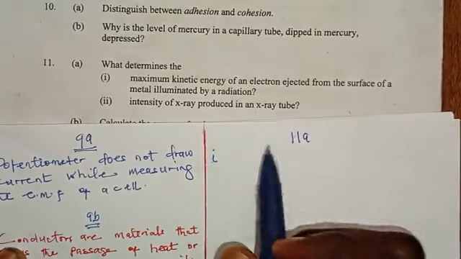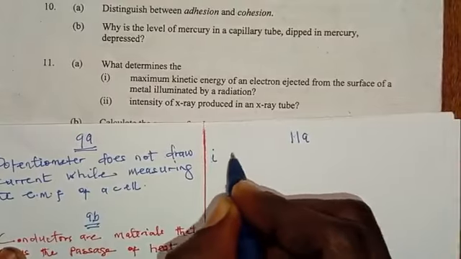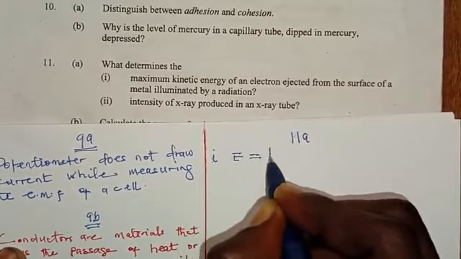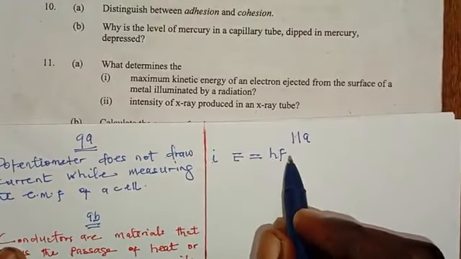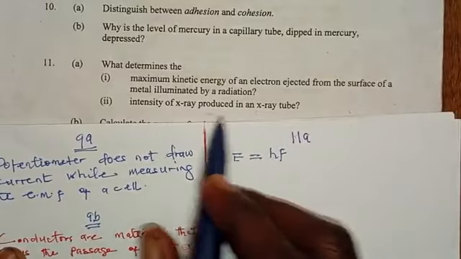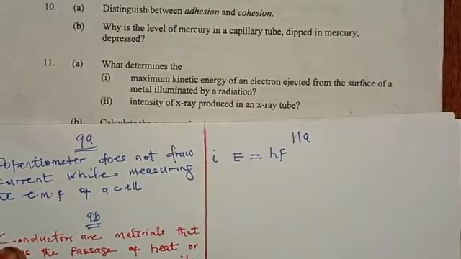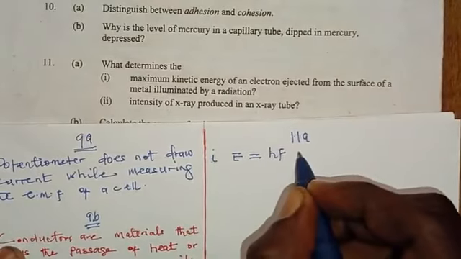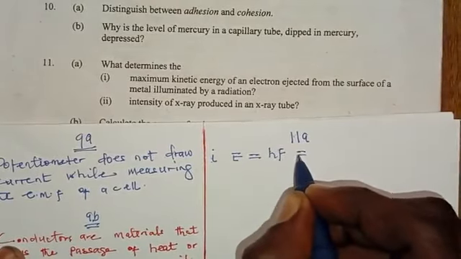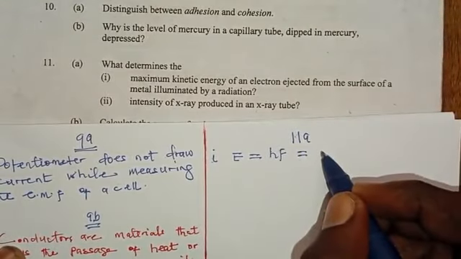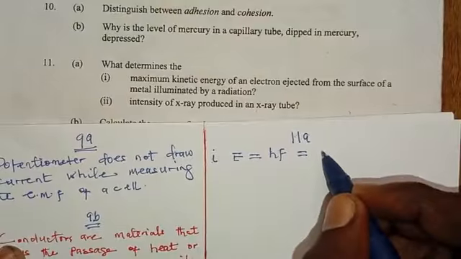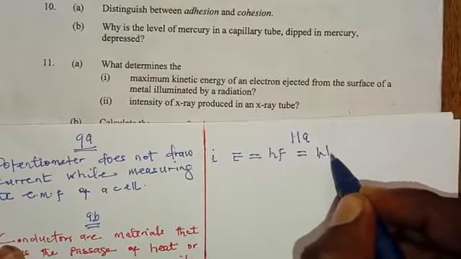in the ejection of electron, the energy is given to be E equal to hf. H is the Planck constant and F is the frequency. This energy, lest I forget, when it is incident on the metal surface, is what gives the electron what is known as a work function.